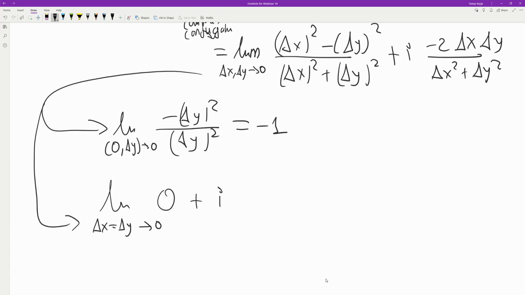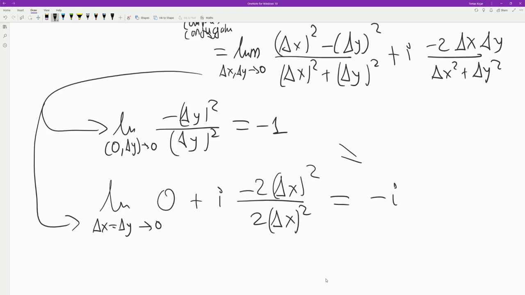And you have 0 plus i times minus 2 delta x squared over 2 delta x squared. And that gives you minus i. And these are not equal. So the limit does not exist.